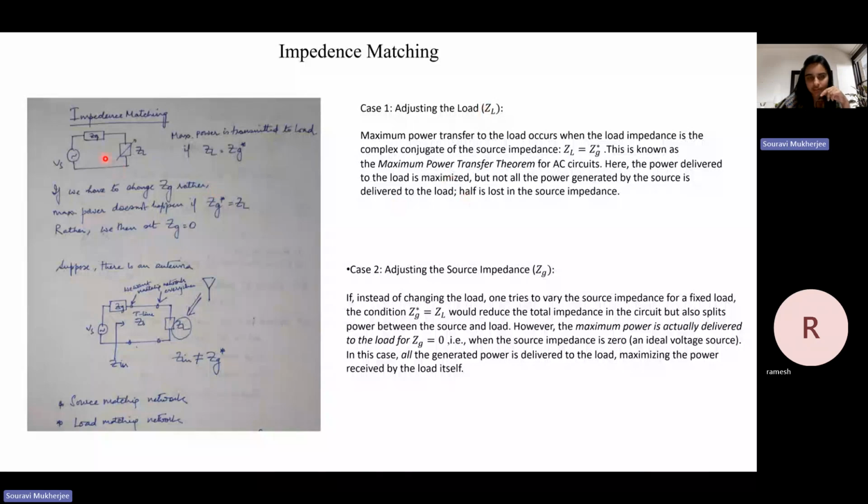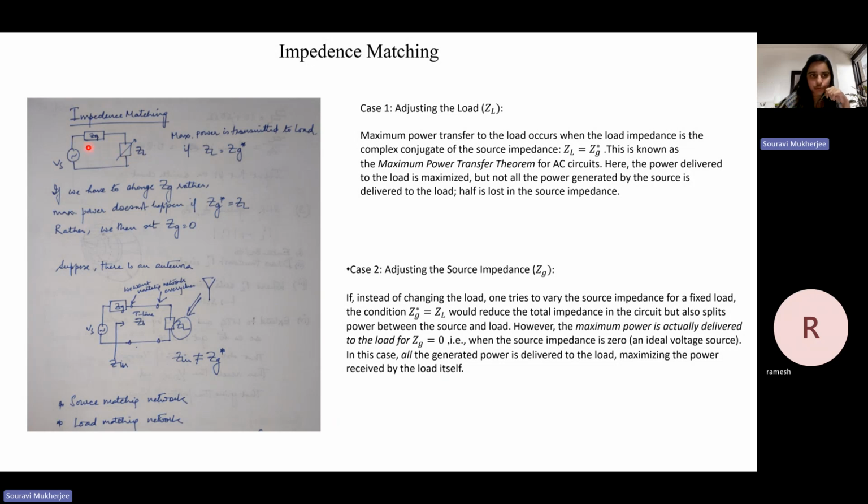Another thing is you can keep your load fixed and see what you can do with ZG, the source impedance. If you put ZG as the complex conjugate of ZL, the initial voltage would get divided between the two. That's a way, but it will not give you the maximum power.